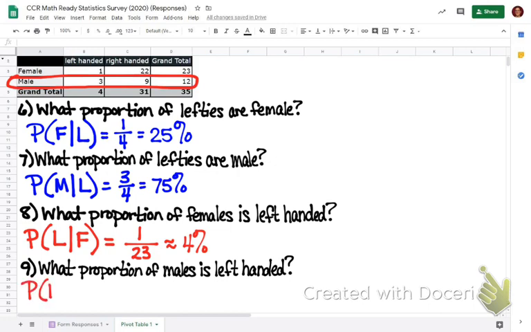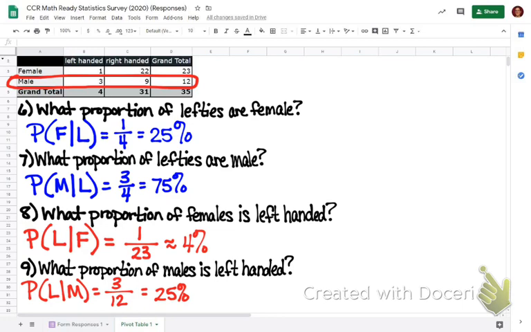And so I want to know about the left-handed behavior if I'm restricting my view or only looking at the males involved. So when I look at just the row for males, I see that there were 12 males that answered the survey, and of those 12 males, 3 of them indicated that they were left-handed, which is 25%.